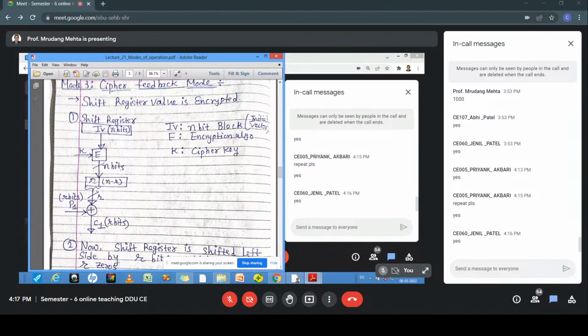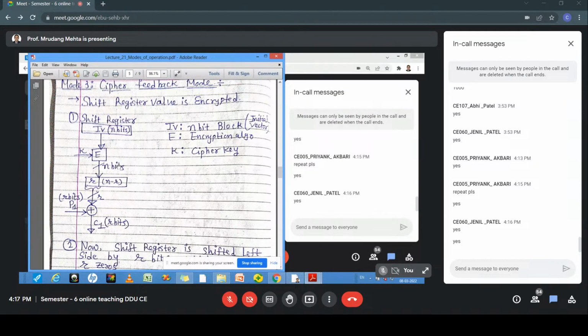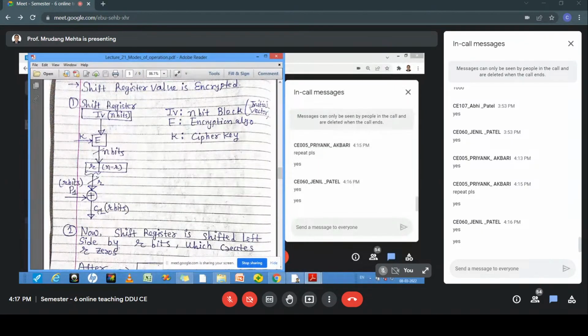We take only 8 bits from these encrypted bits, and XOR them with the r bits of plain text. So the encrypted bits are XORed with r bits of plain text, and this generates r bits of ciphertext. Understood now?